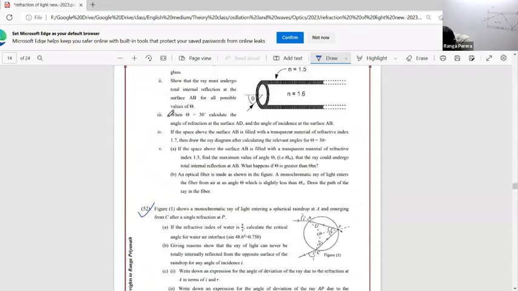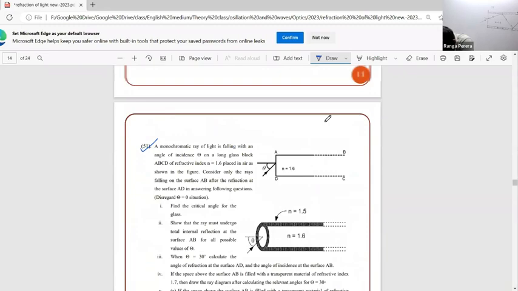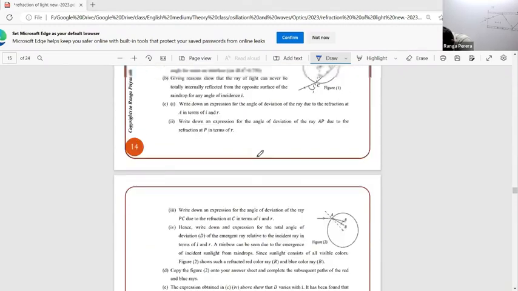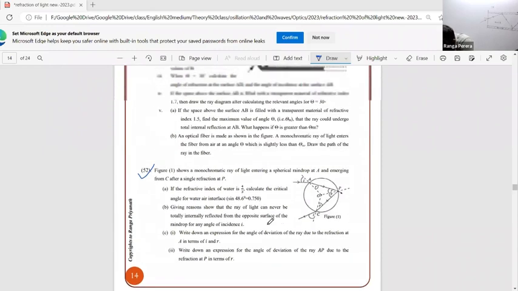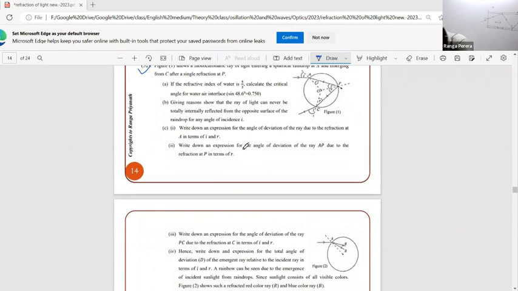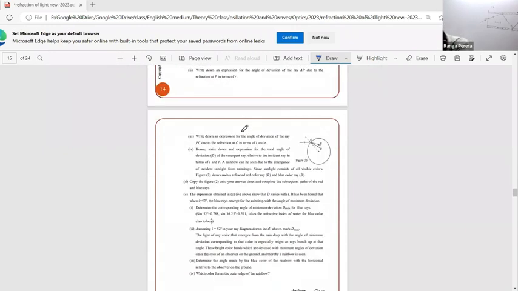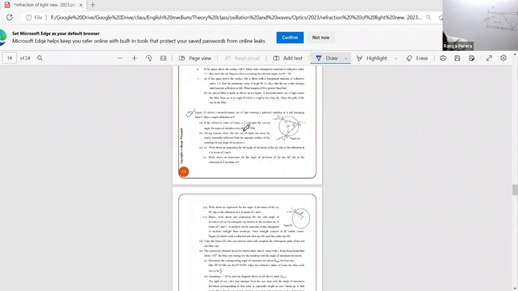So I prefer to do question number 52 also. Question number 52. I'll give you a few minutes to do this question. Has anyone done question number 52? Any one of you?